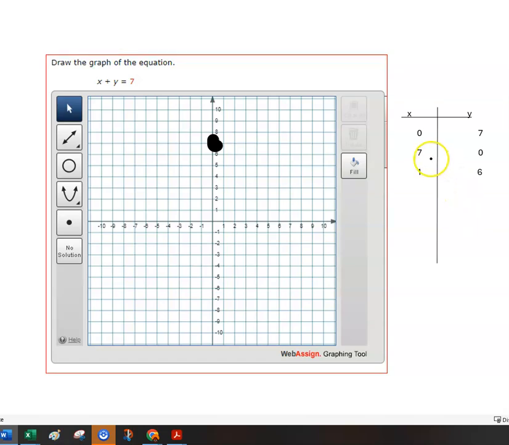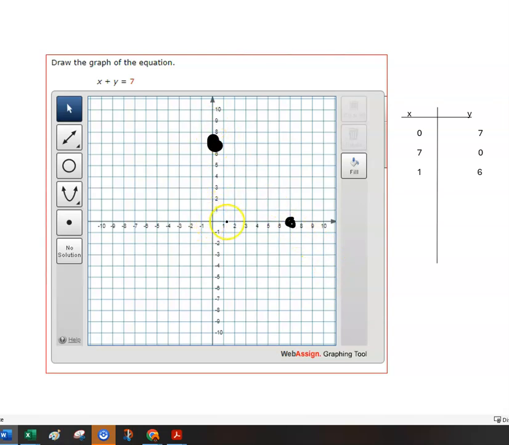Okay, then I'll do 7, 0. That means I start here and I move over 7 and then do not go up and down. Now, I'm doing my third point because that third point should be somewhere along this line or outside of it.